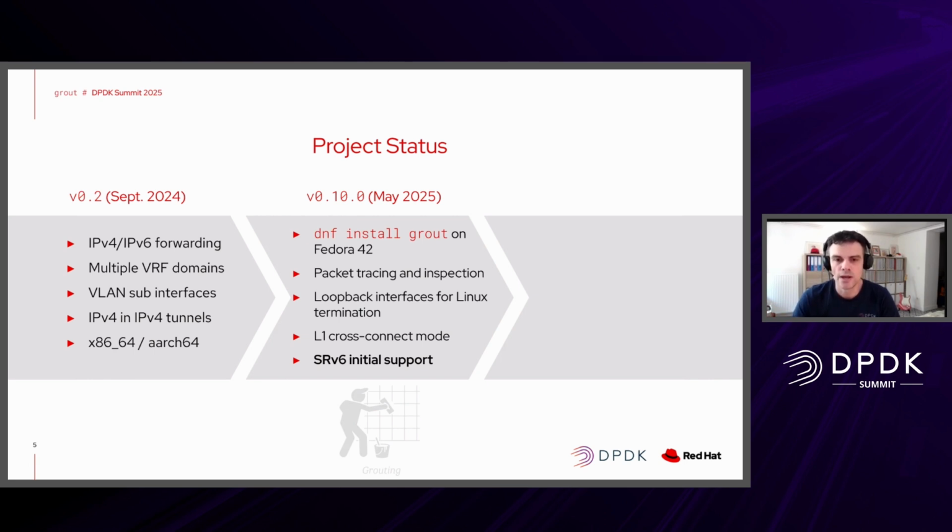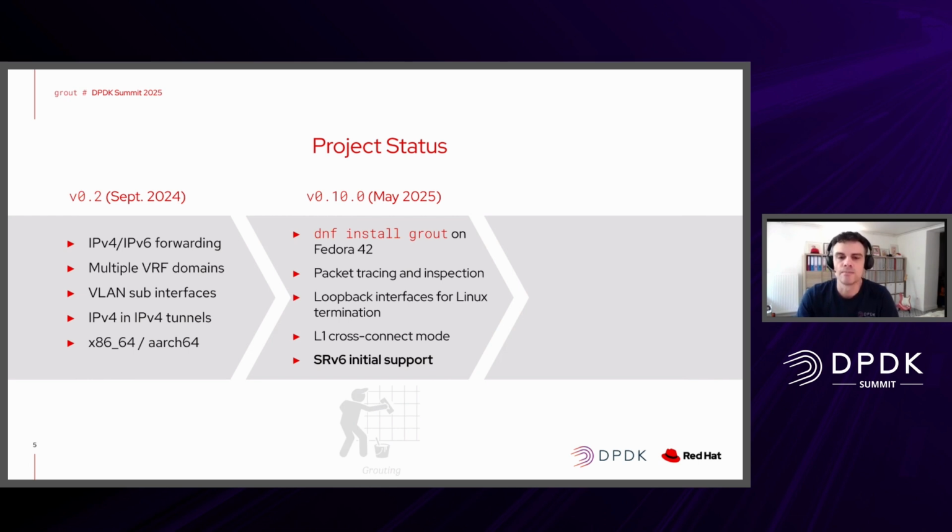We have a way for packets entering DPDK interfaces to be sent to Linux. For example, if you want to have strongSwan or FRR integration, you can have inline BGP traffic terminating on BGPD, but the packets will go out the DPDK port controlled by Grout.